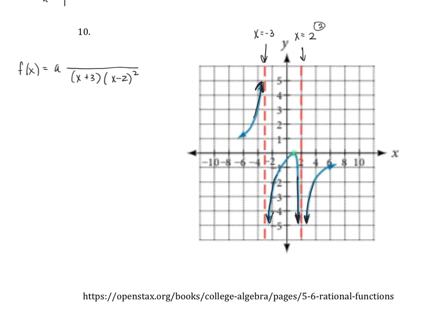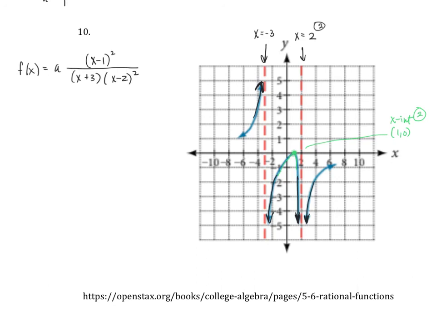So right here, and that looks like it's probably at 1. So that would be the point (1, 0). That would be the x-intercept. And notice what happens when it gets there. It bounces, right? It's going up, and then it gets to that point, it bounces back. Remember that that's associated with a multiplicity of 2. So our numerator is going to have x minus 1 as the factor, but with an exponent of 2 because of that bounce.